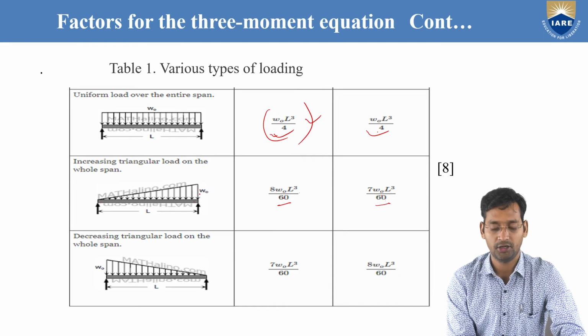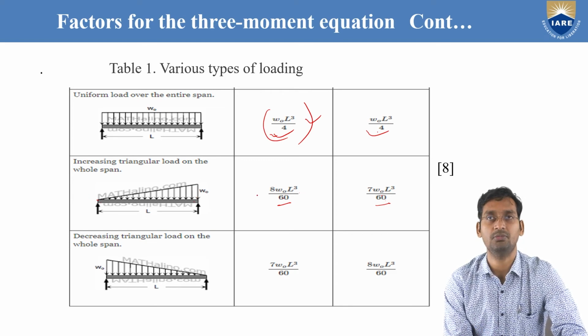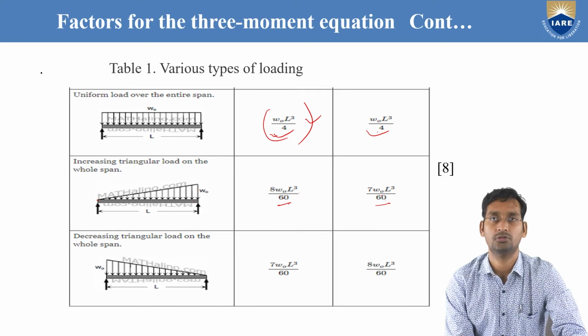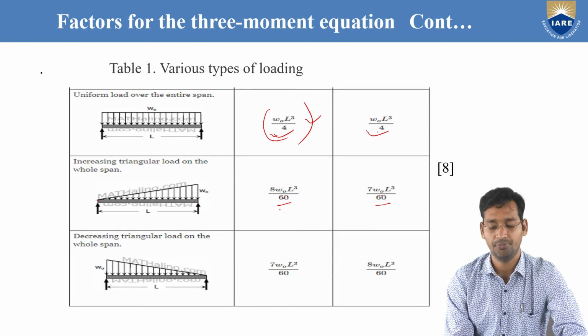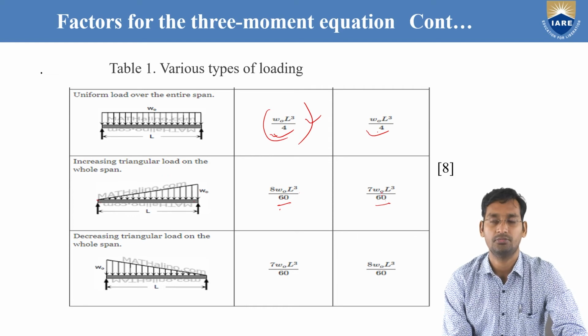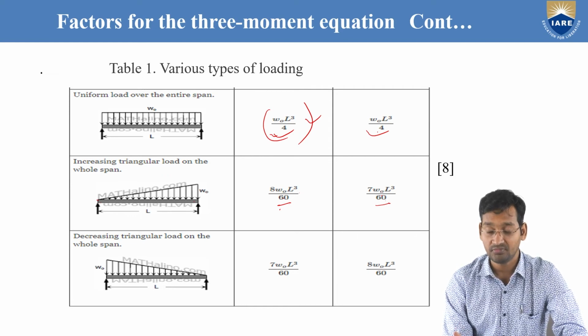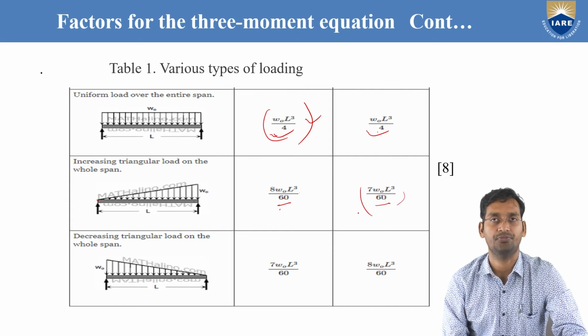Next, for a triangular load, if the left side is lower and the right side is greater, meaning it is increasing from left to right, then 6AA by L will be 8 W0 L cube by 60, and 6AB by L will be 7 W0 L cube by 60.